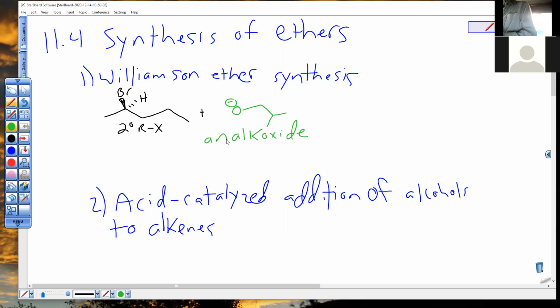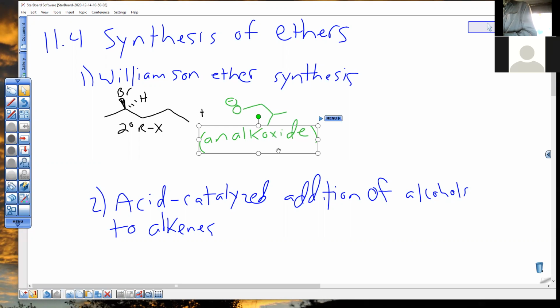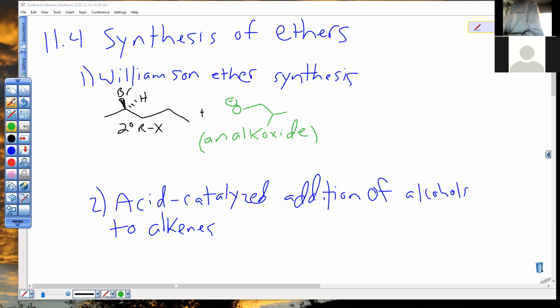That's what this is. This specific one here is isobutoxide. I'll put its name above it. It's a strong nu.